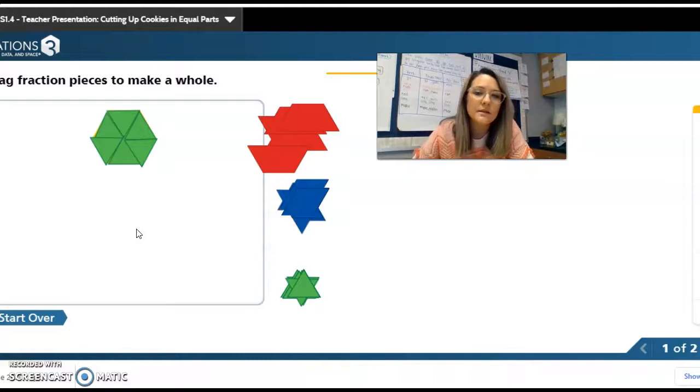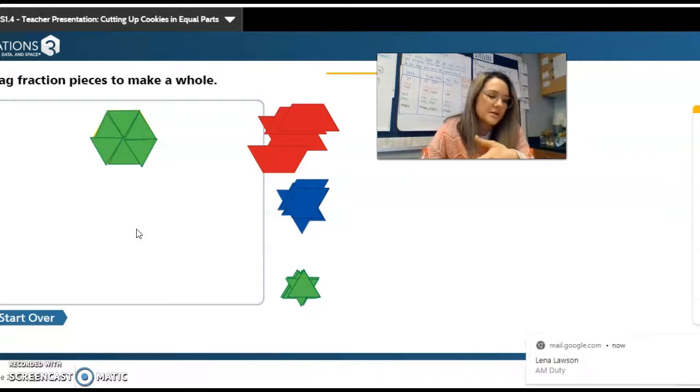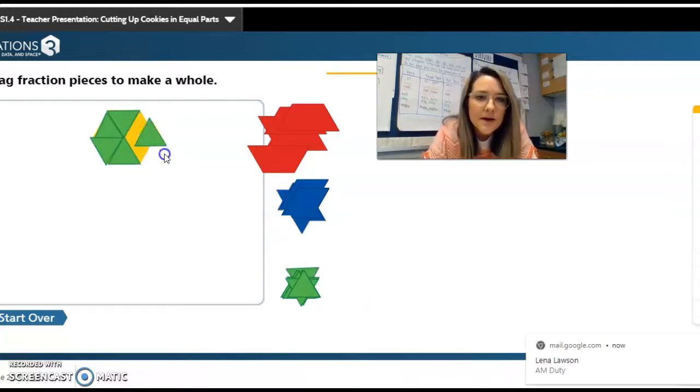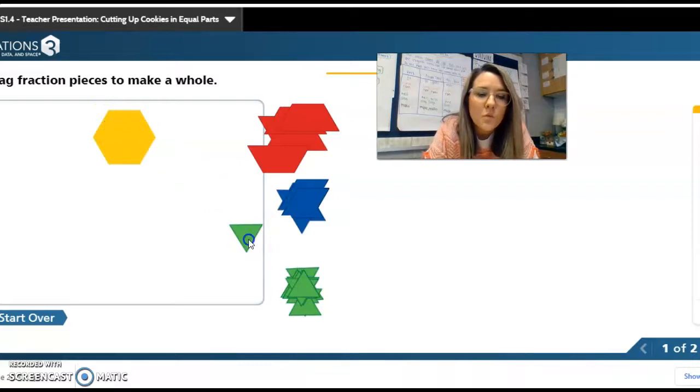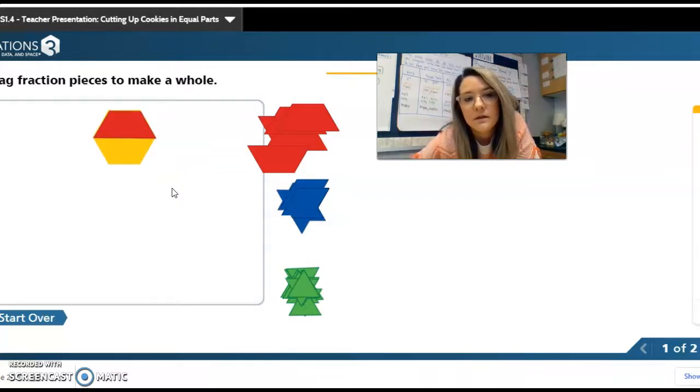Okay, so let's think of these pieces as parts of the cookie, as fractional pieces of the cookie. Thinking about the trapezoid, how many trapezoids would fill a hexagon cookie? Do you remember? How many trapezoids? You're right, 2. So 1 trapezoid would be what fractional piece of the hexagon? What fraction is the trapezoid of the hexagon?